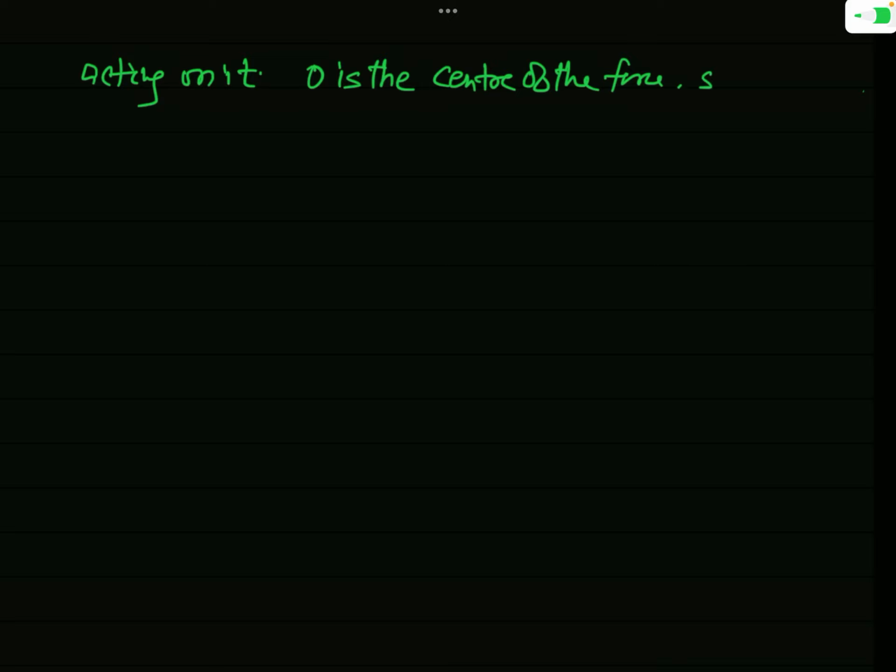So, you know how a central force is symbolically represented. If F is the central force, then it is represented by F of r times r hat, and this F of r may be positive or it may be negative. Now, we will define the torque acting on this particle due to this force.